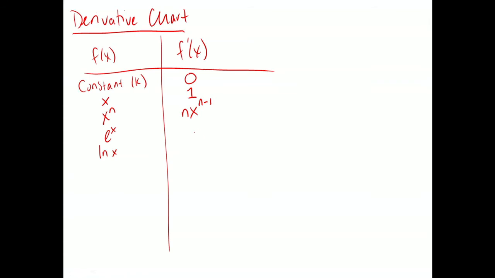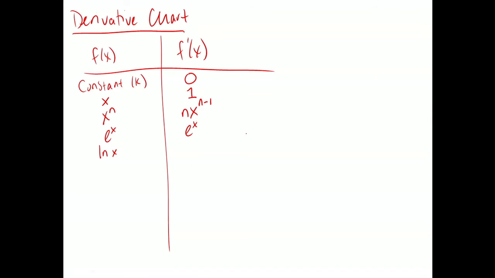So e to the x, the derivative of e to the x, if you did it out the long way, you'd actually find is e to the x. So it's sort of the very funny, funky character. We'll talk a little bit more later about why that works out. But the derivative of e to the x is actually just e to the x. So that's our favorite derivative because it's so easy to remember. It's just itself.